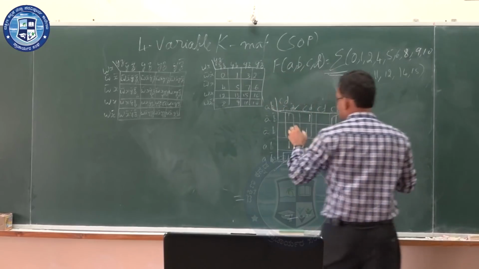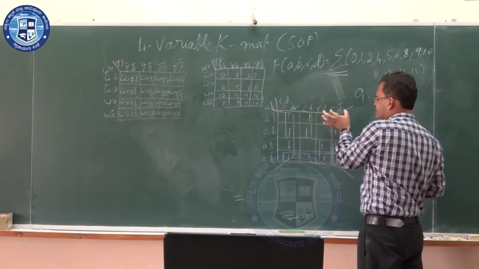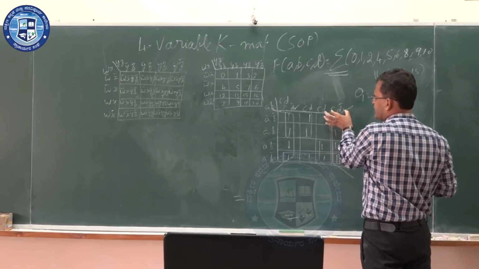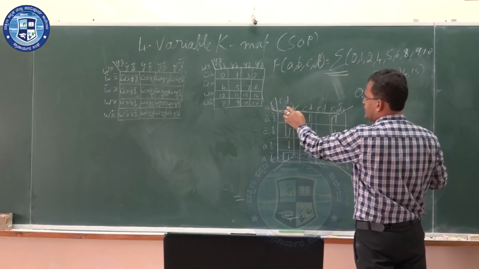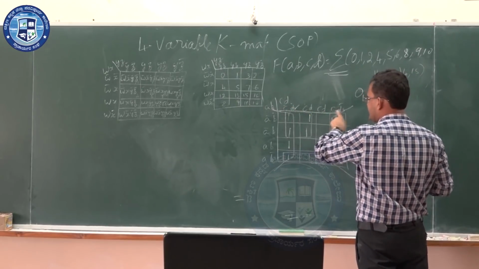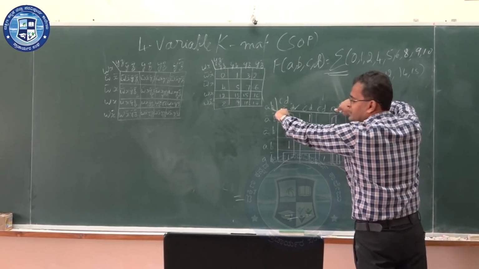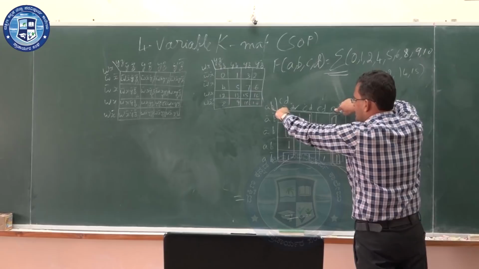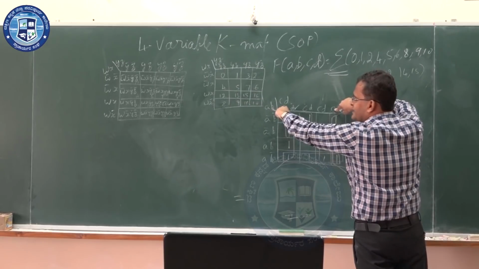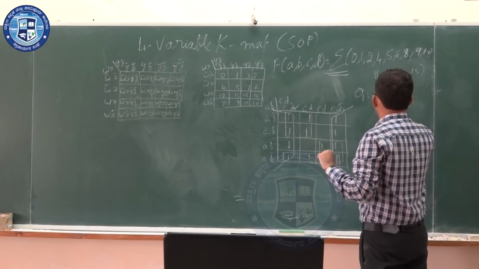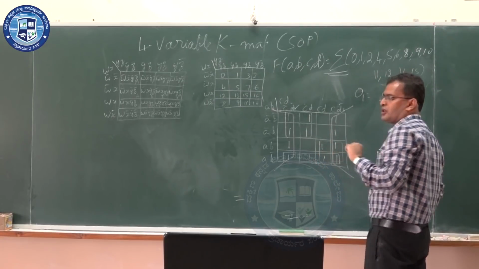So, please see these 2, C bar D bar and C D bar. D bar is common, D bar is constant, C bar has changed to C. So, C bar plus C is equal to 1, so remove it, only D bar is there. So, D bar becomes the answer for the octet.